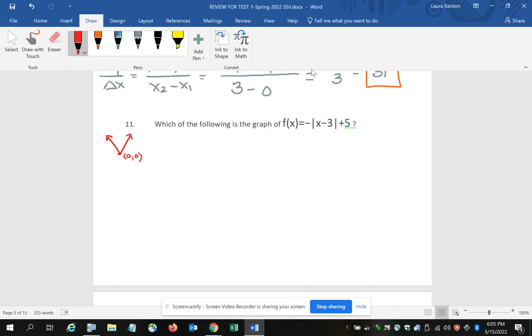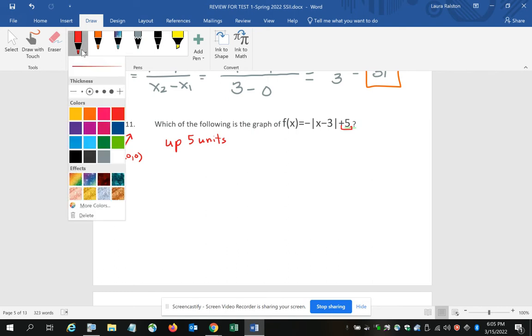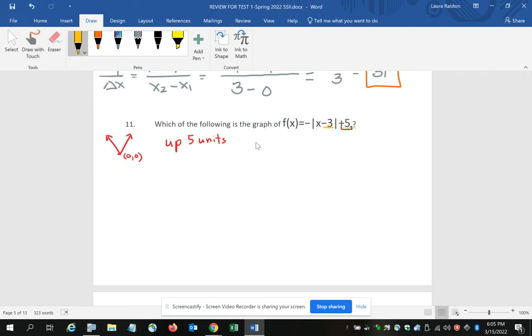But this graph has some transformations, and the plus 5 tagged at the end tells me that I want to move my graph up 5 units. The minus 3 inside the absolute value brackets tells me that I want to go right 3 units.